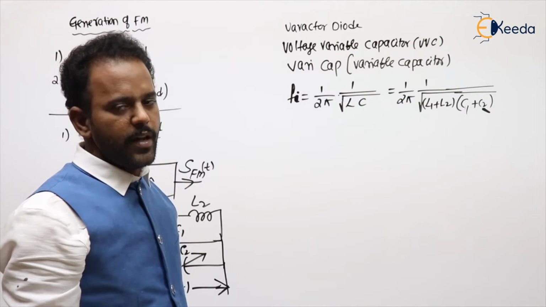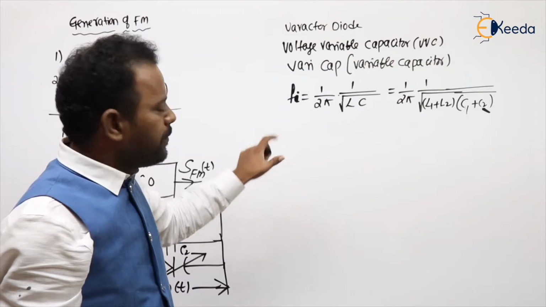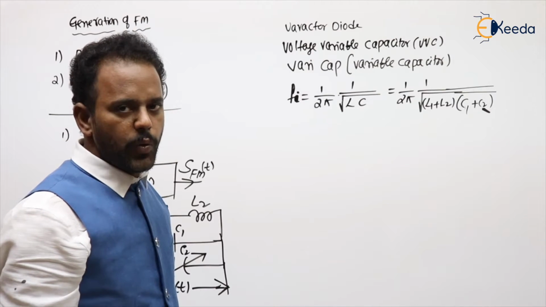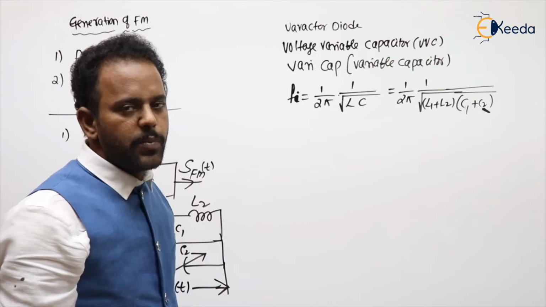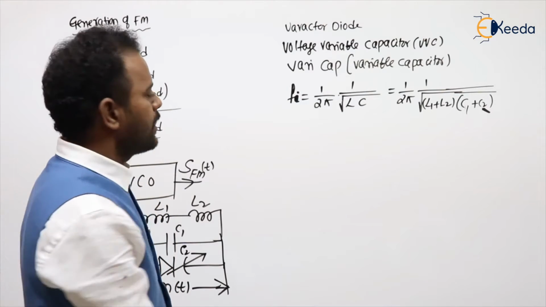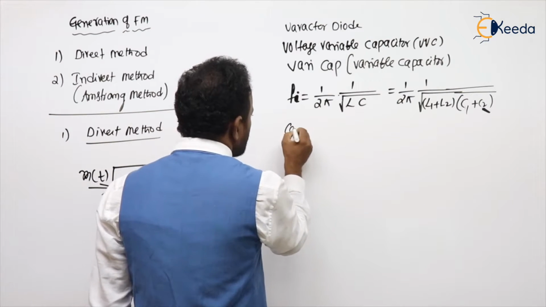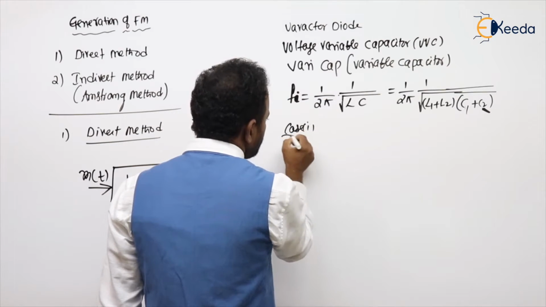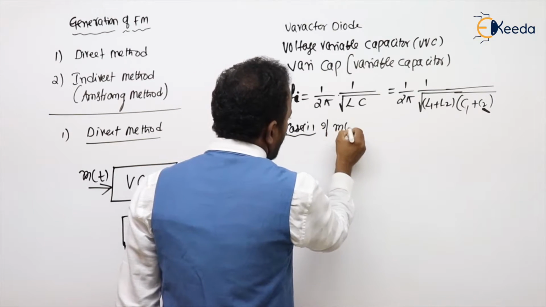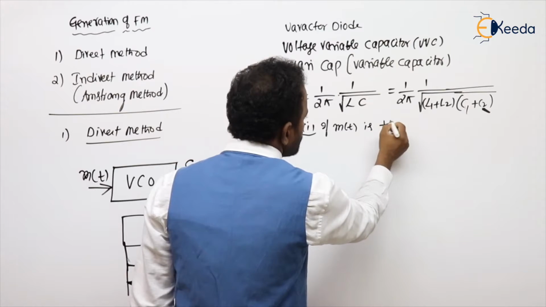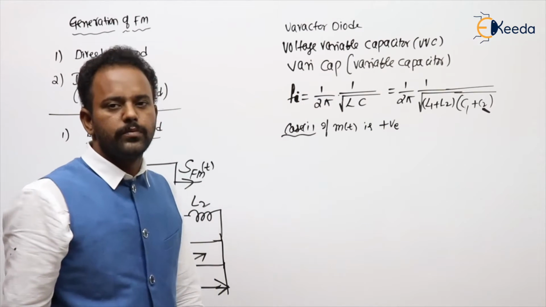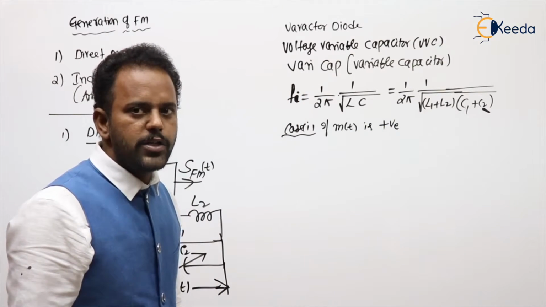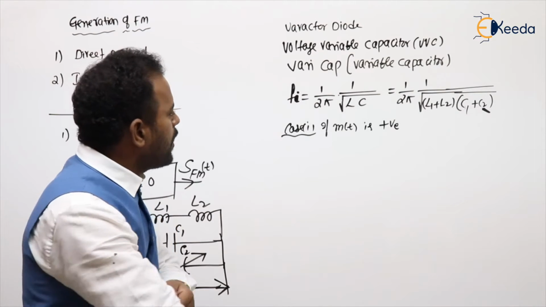Now I am explaining this in two cases: if the message is positive and if the message is negative. Let's take case 1, if m(t) is positive.